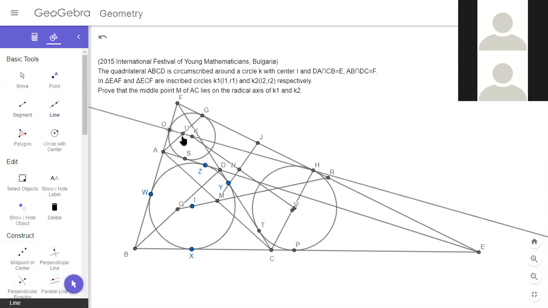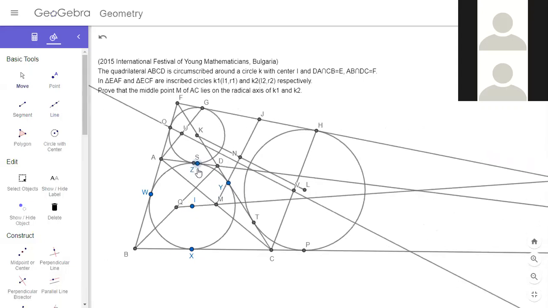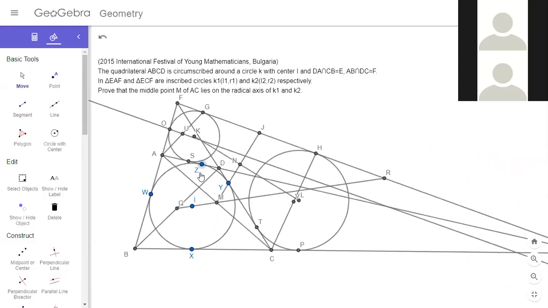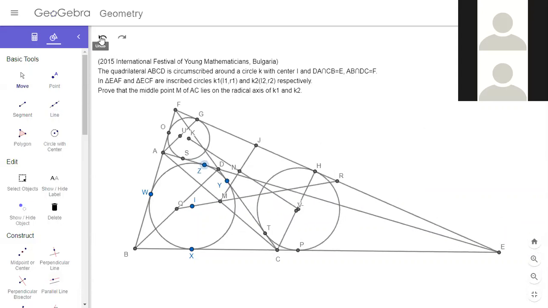Are O, U, and K really collinear? I would be very surprised if that were true. Yeah, that's not true. Okay, so basically, MUJV is a parallelogram. Okay, I'm going to delete that. I'm just going to keep that in mind.